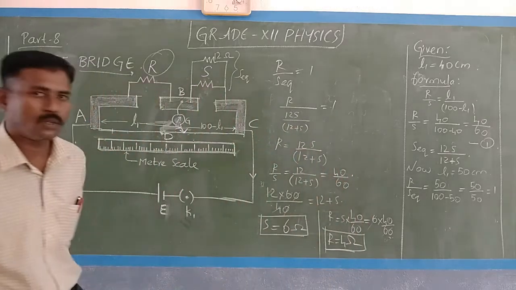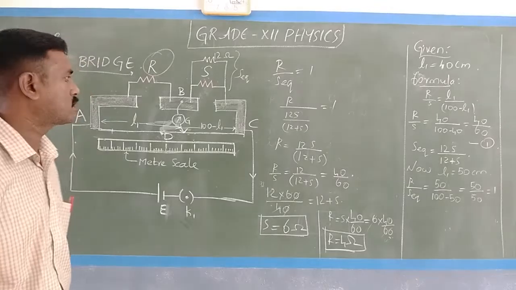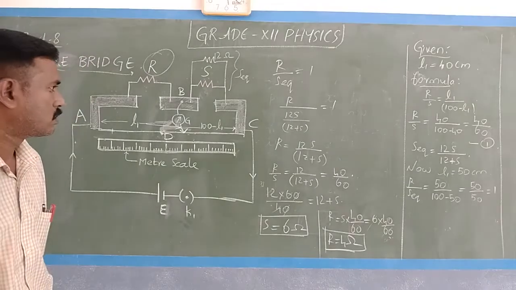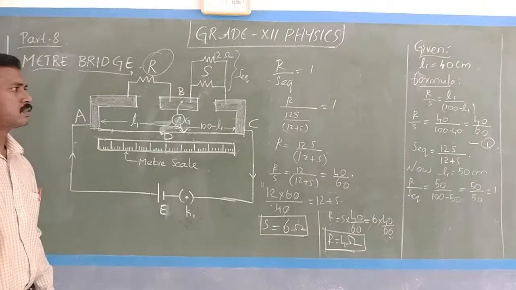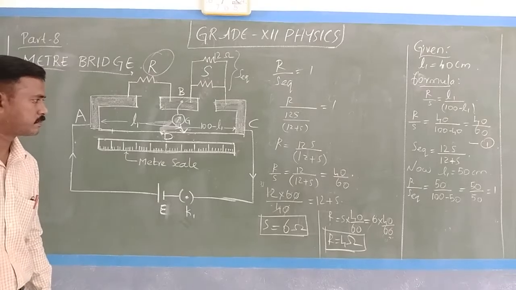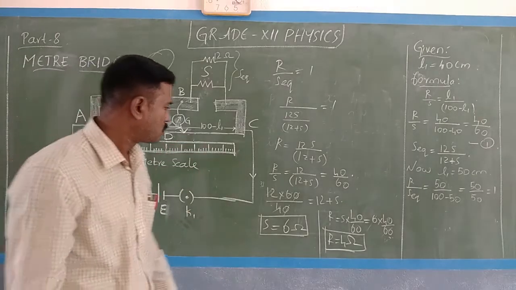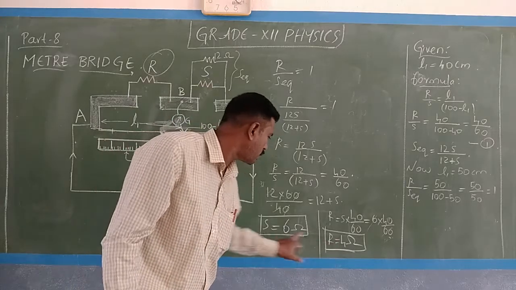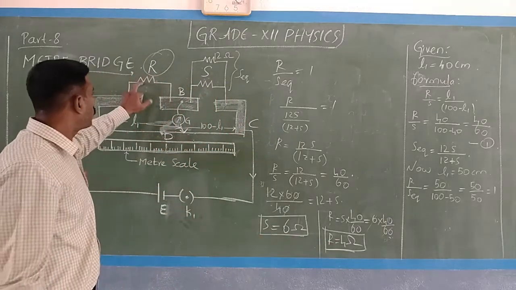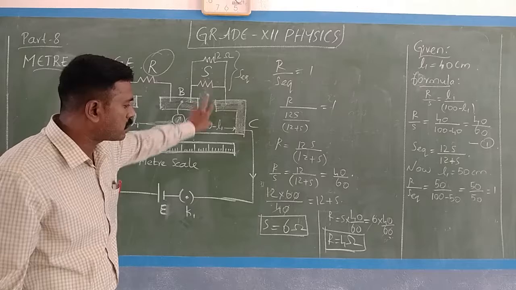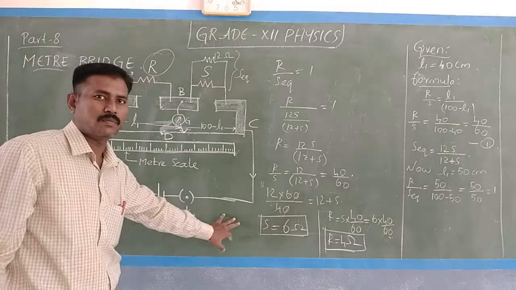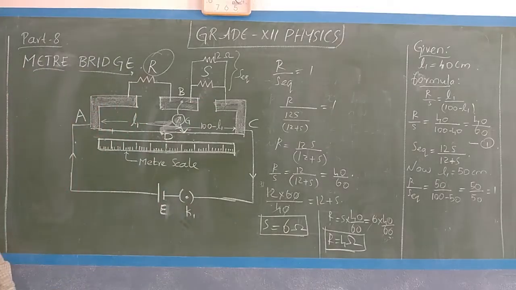So these two are the values of R and S. So please copy it, students. So finally you get the value of R and S. R is the unknown value and S we found out using the standard resistance value. So try to work out the problem on your own.